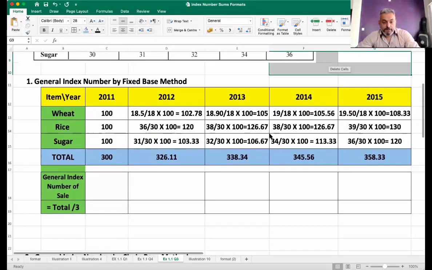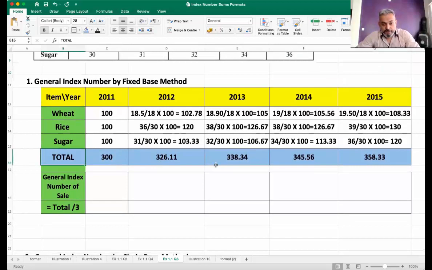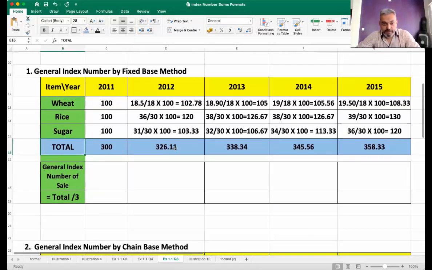We already have the total of various years of the indexes for wheat, rice and sugar. So now general index number. So what is the general index number?